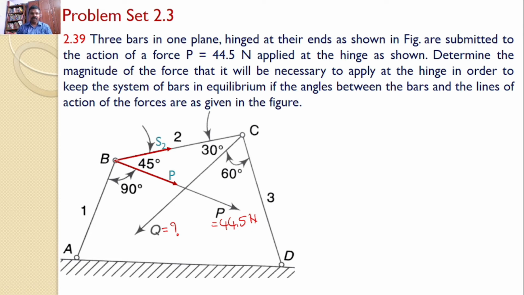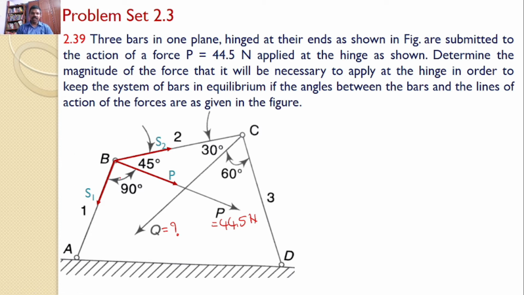That's why the force S2 is away from point B, and let the magnitude of the force be S2. The force along bar 1 is S1 and it is away from point B because we are assuming initially that this force is in tension.